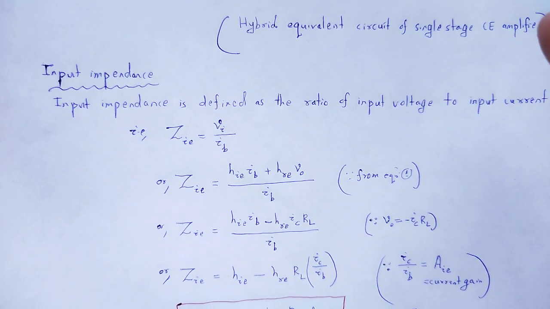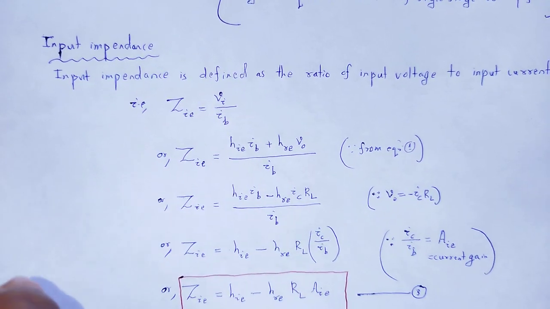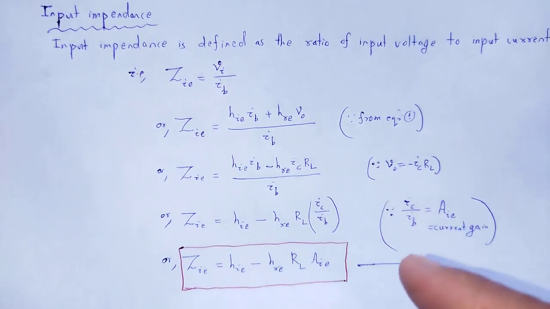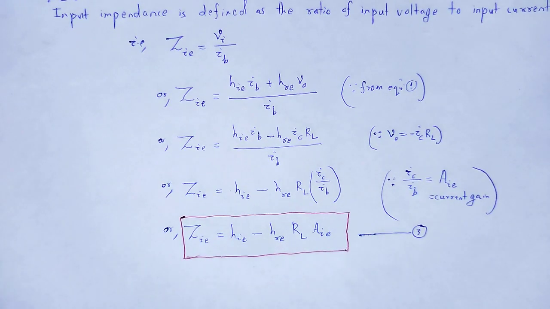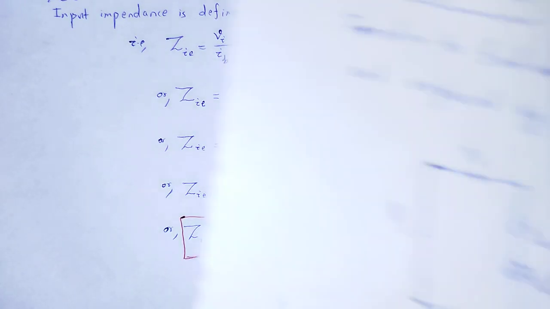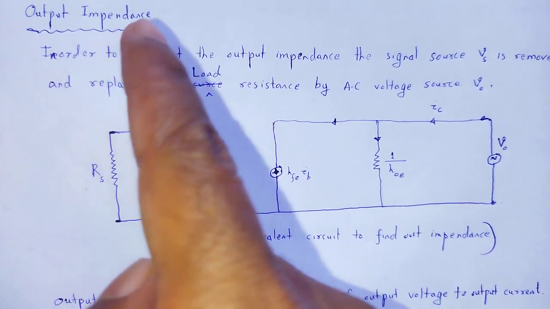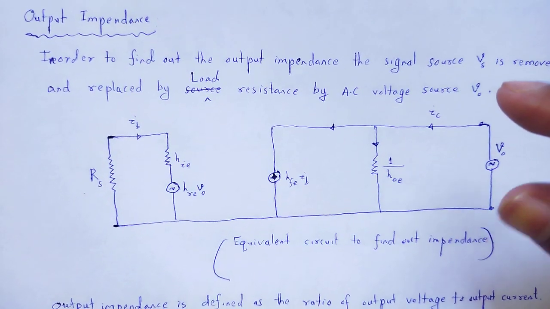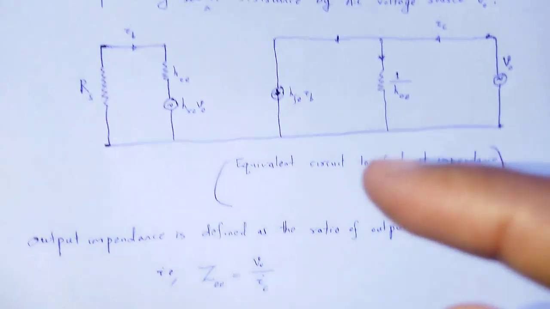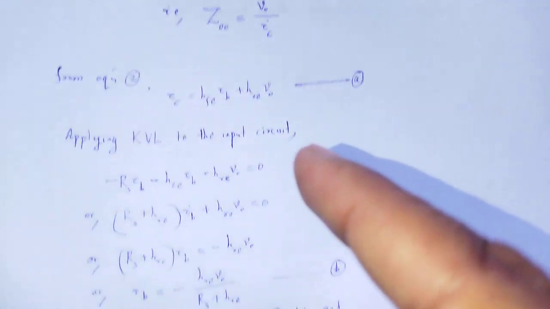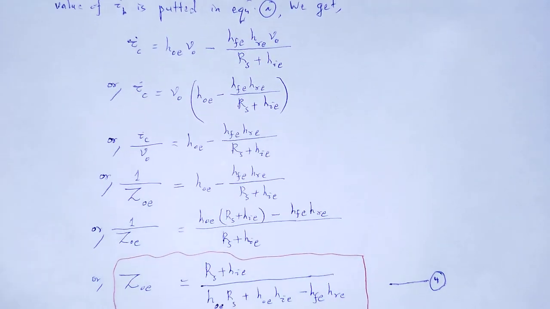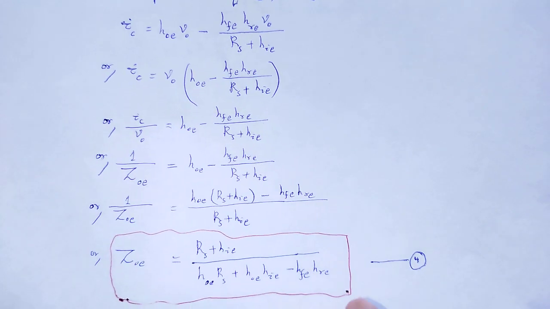By using that equivalent circuit, we can easily calculate input impedance; for output impedance, some modification to the hybrid circuit gives the expression for output impedance.